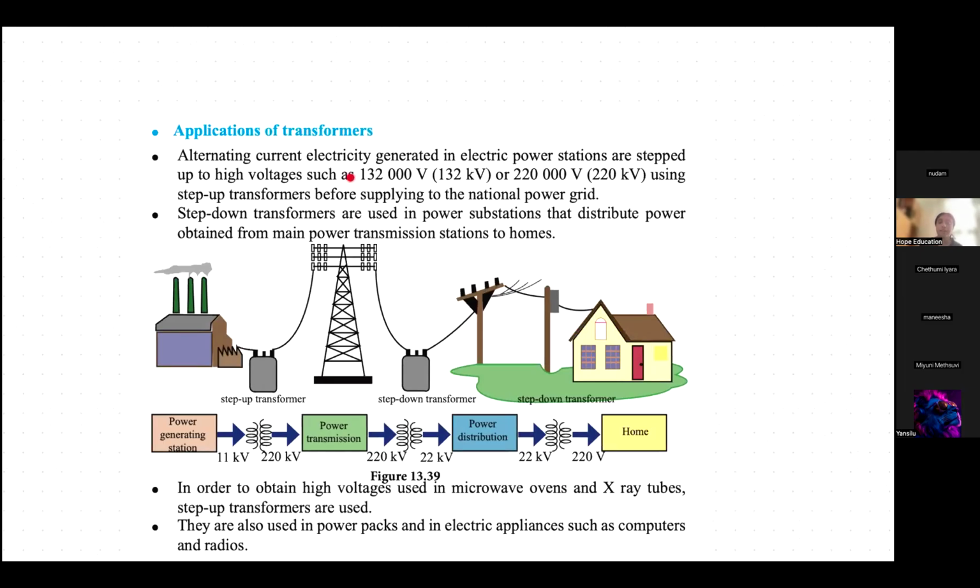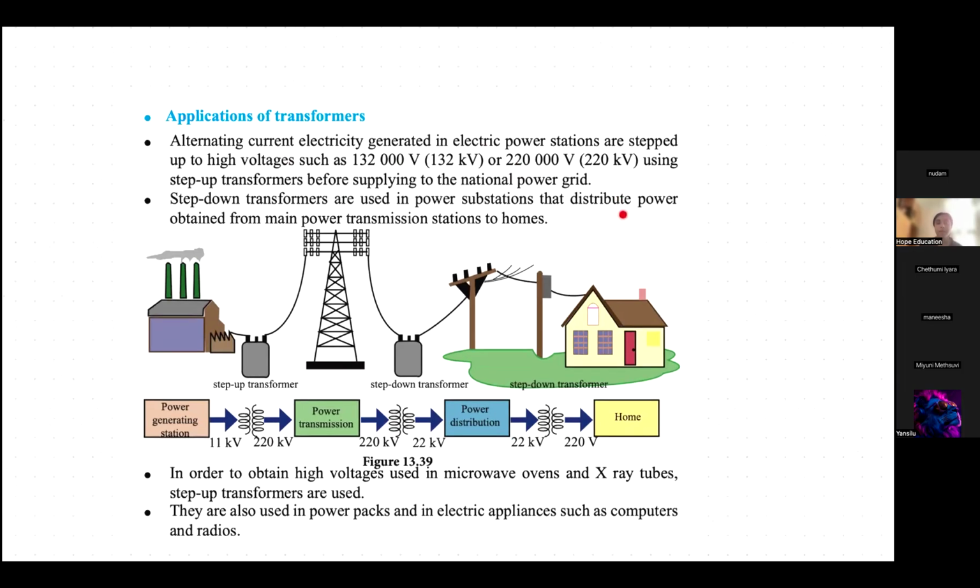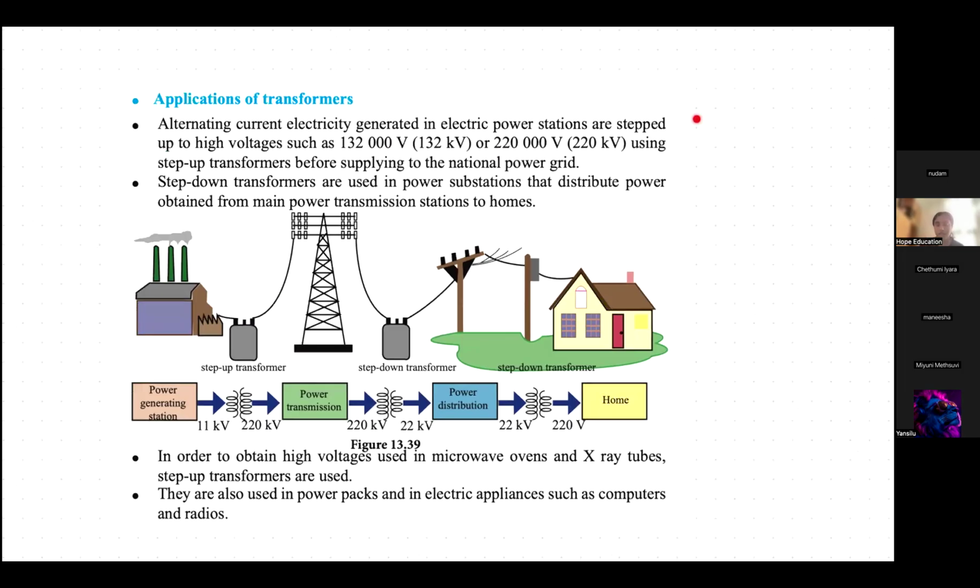Alternating current electricity generated in electric power stations is stepped up to high voltages such as 132,000 volts or 220,000 volts using step-up transformers before supplying to the national grid. How does electricity get from the production place, like hydropower generation, to our homes? First, at electric power stations where electricity is generated, a hydropower station or coal power station, wherever, the electricity generated is stepped up to high voltage.